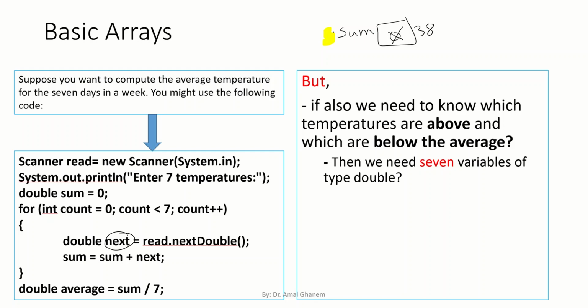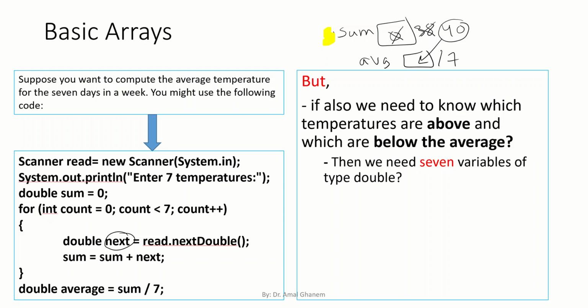If the second number, for example, is 2, 2 plus 38 will be 40, and we will continue till we read all the 7 numbers. And then what we need is to calculate the average. Simply, we will calculate it as the summation over 7, and this will give us the average. This is straightforward: we read the temperatures, we calculate the summation, and then the average.